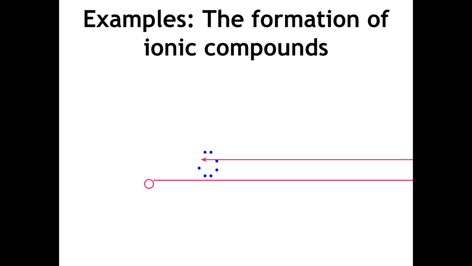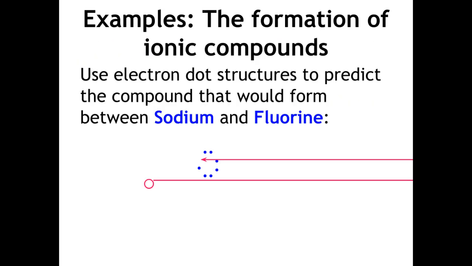So let's do some examples of the formation of ionic compounds. You simply do the electron dot structure, so your Lewis structures, to predict the compound that would form between sodium and fluorine, for example.